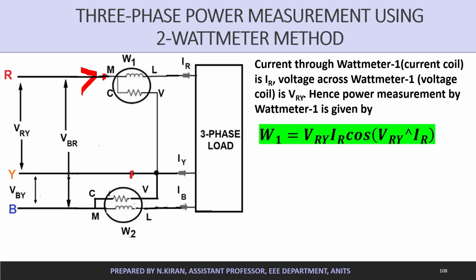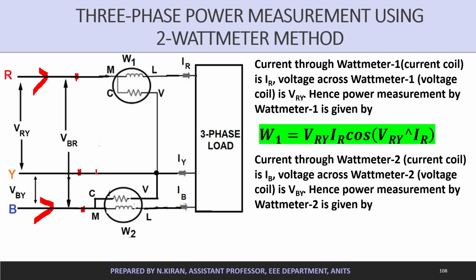Similarly, if I consider the second wattmeter, the current coil of the second wattmeter is connected to B phase and the pressure coil of the second wattmeter is connected between B and Y. Therefore, the current flowing through the second wattmeter is IB and the voltage across it is VBY.